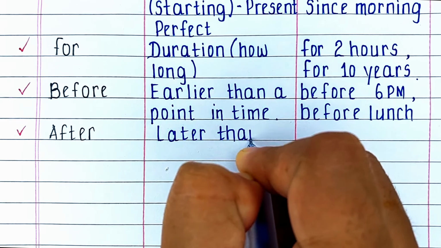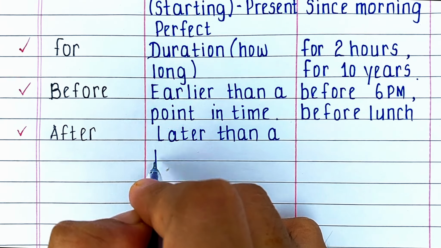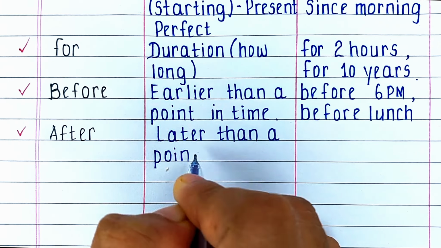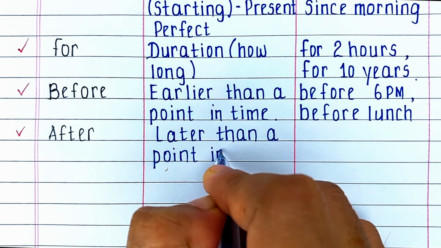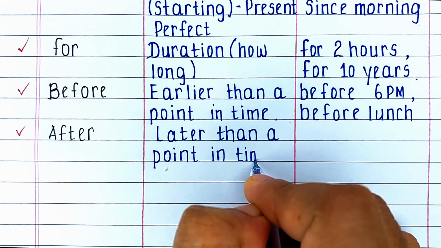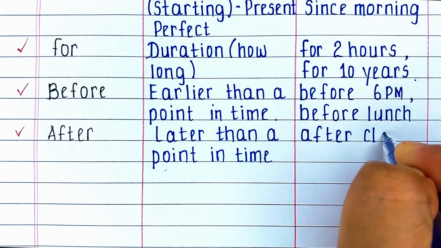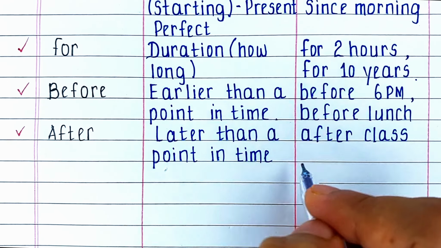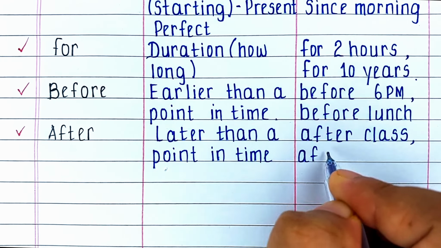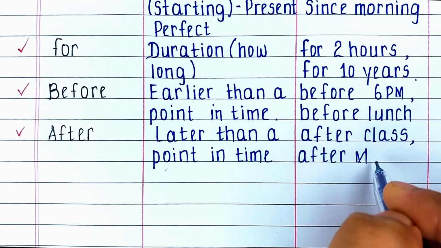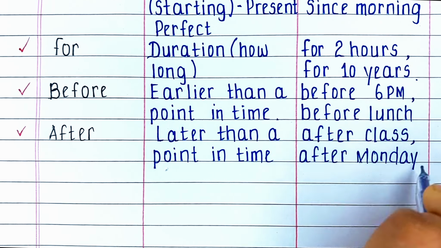After is used for events that took place later. Later than a point in time. For example, after class, after Monday, etc.